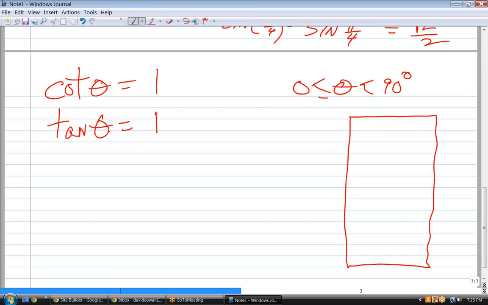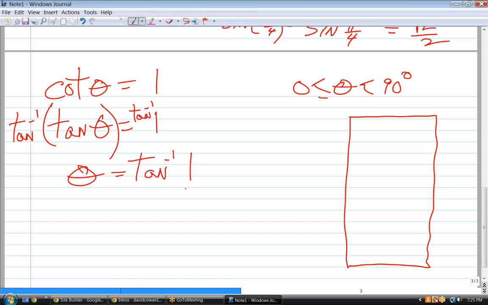So now we want to find the inverse tangent of 1, right? Another way to look at this is, take the inverse tangent of both sides. When you take the inverse tangent of the tangent of theta, you get theta. So theta is equal to the inverse tangent of 1.